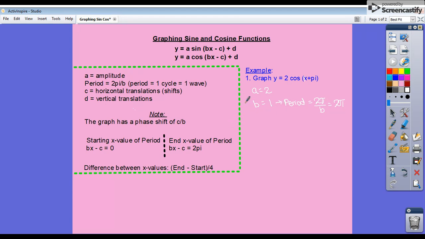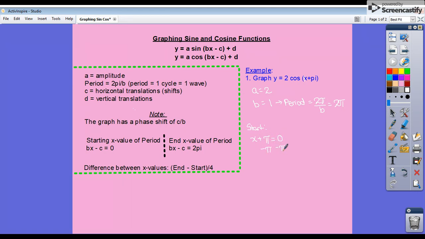I'm going to start by finding the x values. There are 5 points to each period. To find out where the starting x value is, again, you're going to just set your parentheses equal to 0 and solve for x. So here, x plus pi equals 0.